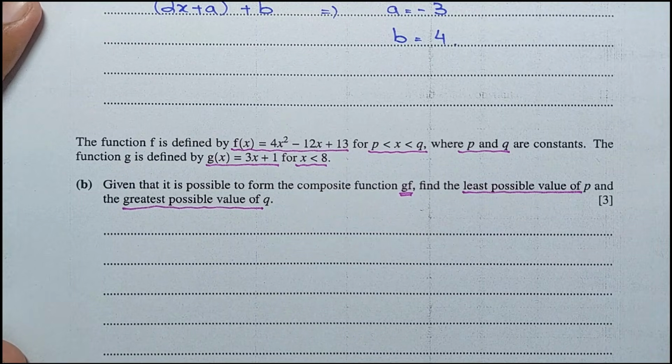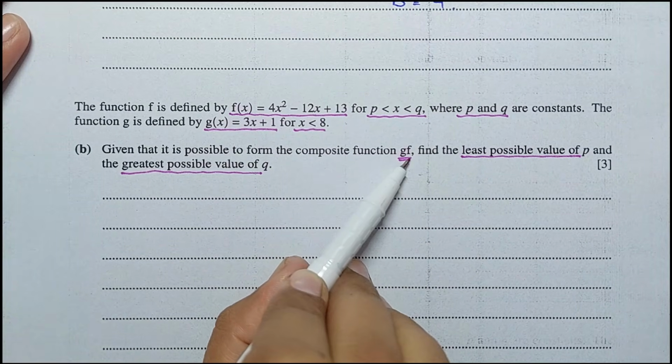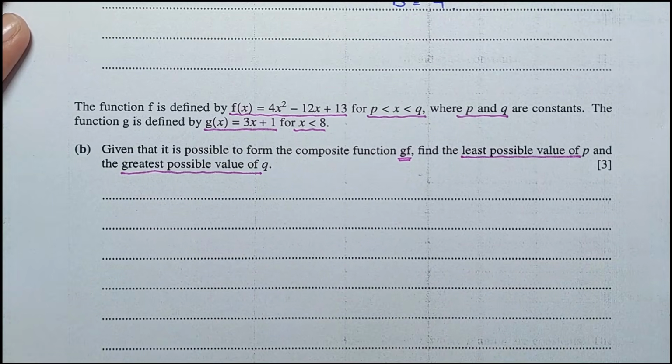Okay, so the composition is possible, it is given, right? So in this question, we are not supposed to find the expression for g composition f because it is also given to us that the composition is possible, right?